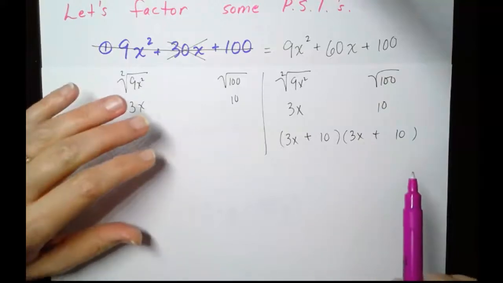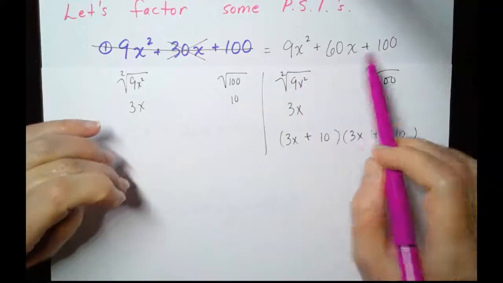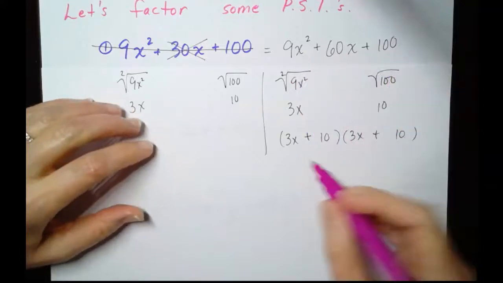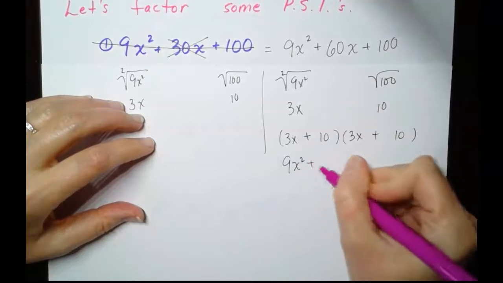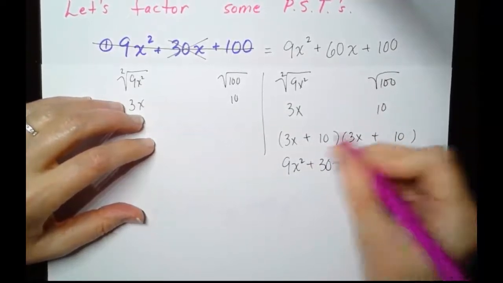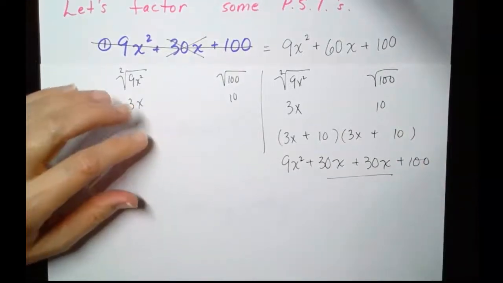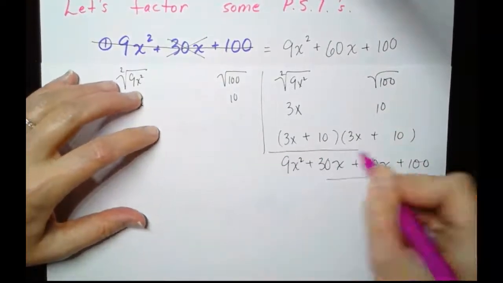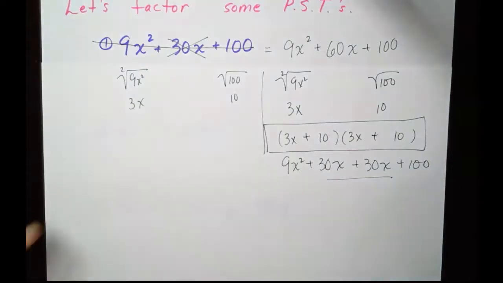Let's do FOIL and see if we get the perfect square trinomial 9x squared plus 60x plus 100. So first, outsides, insides, and last. Yes, there's our 60x. So our factors are 3x plus 10 times 3x plus 10.